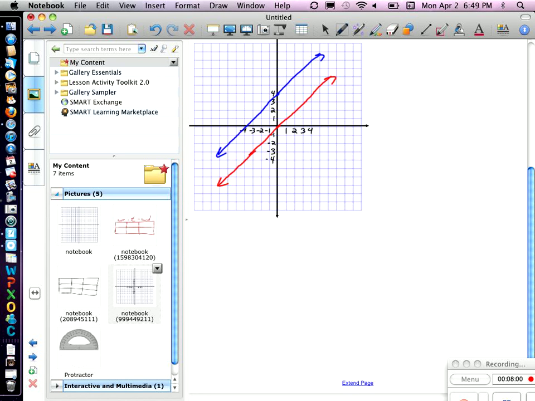Notice both of these equations have a slope of 1, and therefore they're never going to intersect. When this happens graphically with a system, we call that no solution, because there are no intersection points. No solution, no intersection points.